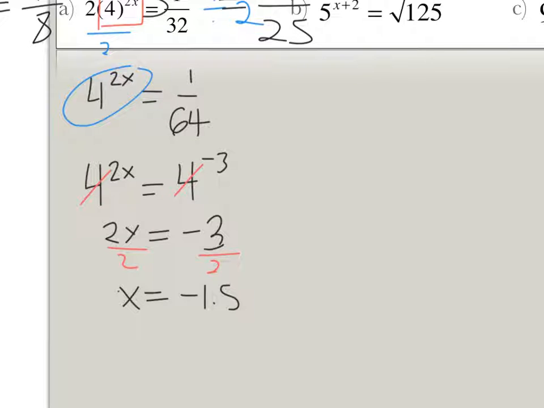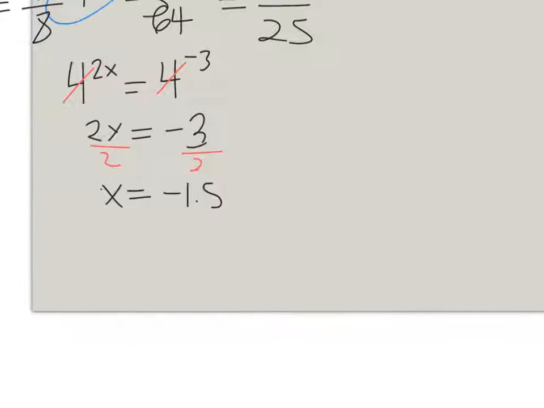And how could I check this? Go back up to the start. The very original equation was 2 times 4 to the 2x equals 1 over 32. Oops, that really looks like a 9, so I'm going to redo it. And what you do is you plug the negative 1.5 in, and you should do this.